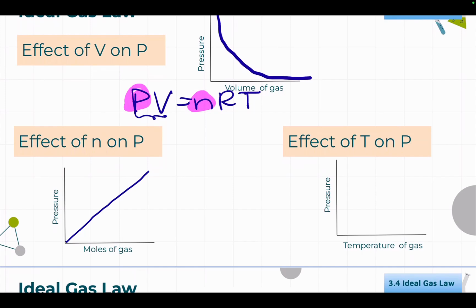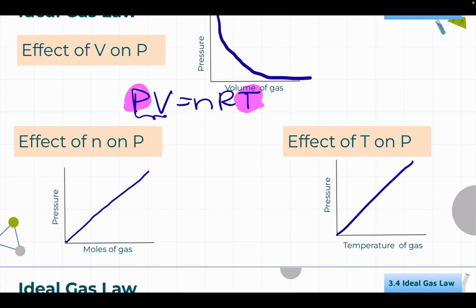Similarly, pressure and temperature, assuming you're holding the amount of gas constant and the volume of the container constant, have a direct proportion. Particles are moving faster, so there's more force exerted on the interior walls through collisions.